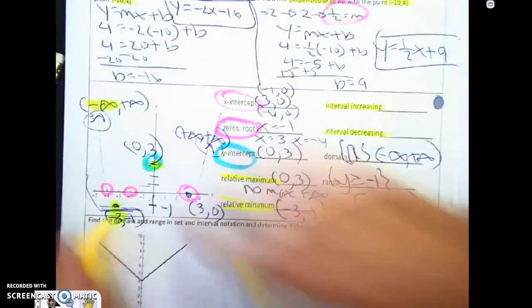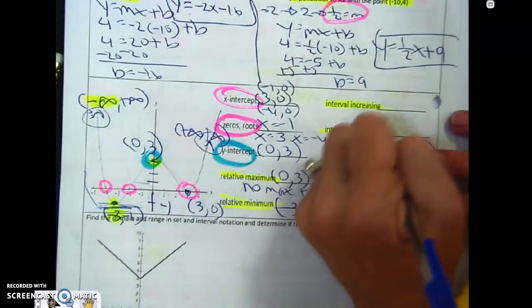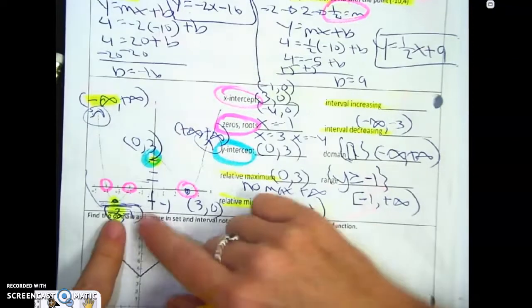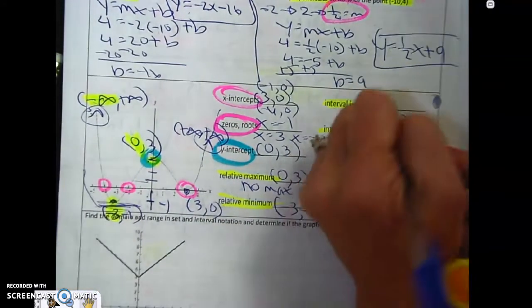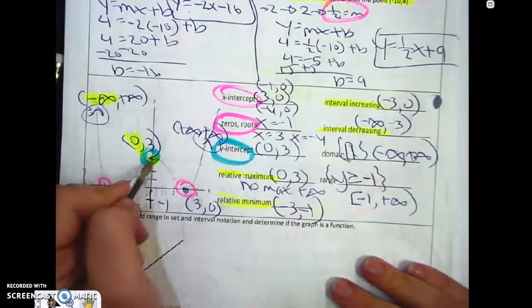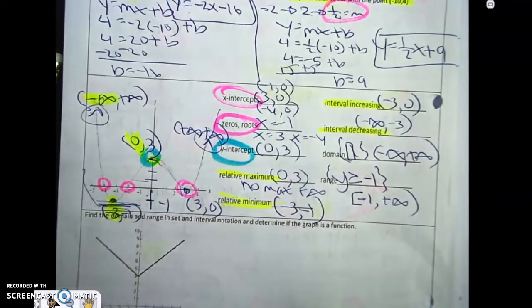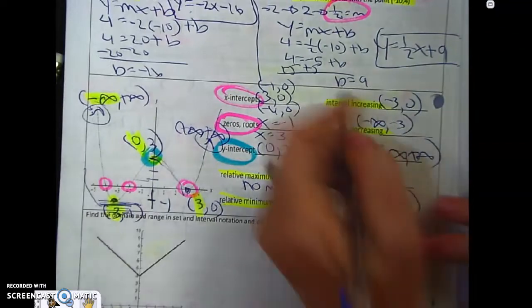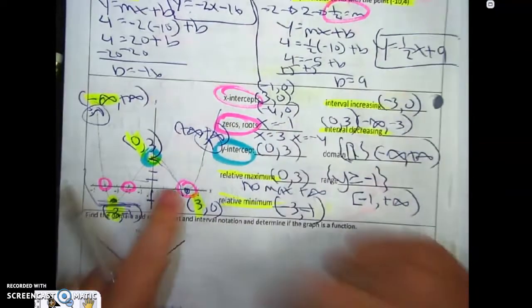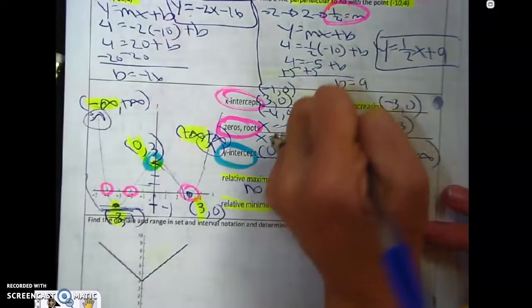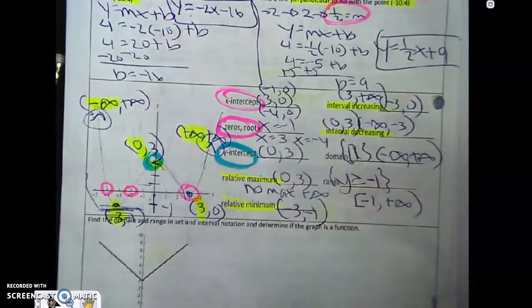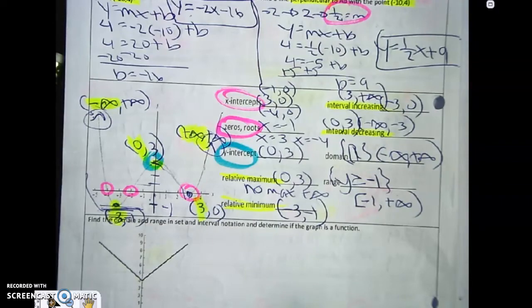So I start here from negative infinity and go all the way down to -3, negative infinity, -3. Then I go up from -3 to 0. Then I go down from 0 to 3. And then I go up from 3 to positive infinity. Okay? And I've answered everything.